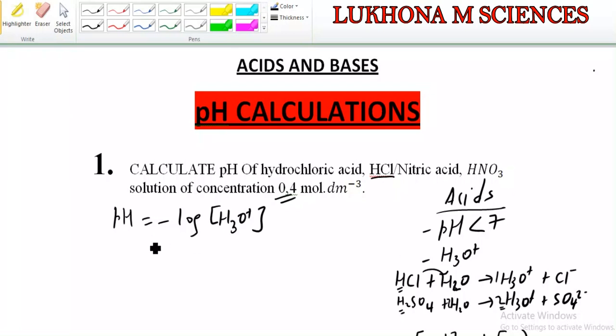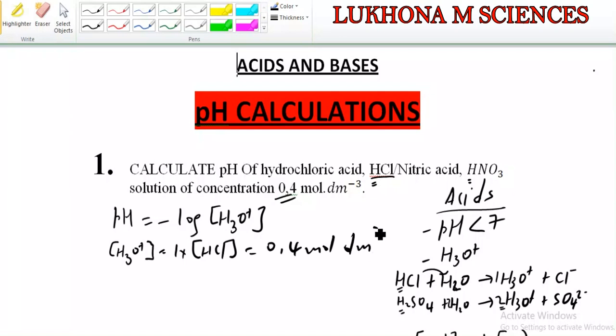The acid that we have has only one H. H3O plus in this case would be 1 times the concentration of HCl, which is equal to 0,4 mole per dm cube.